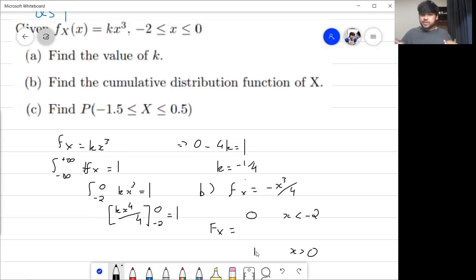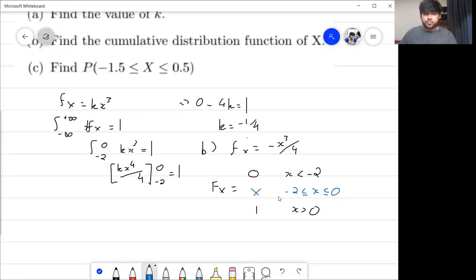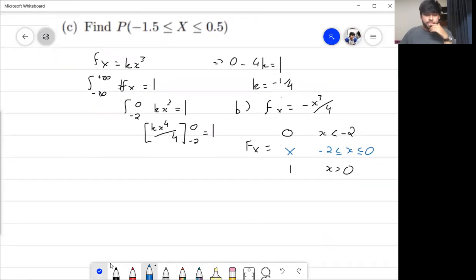That is the rule of a CDF function. What I have to find now is what this equation should be for the limits we've been defined, which is -2 less than or equal to x less than or equal to 0. Okay, so trying to solve this, any ideas based on the notion I've told you about the CDF function?